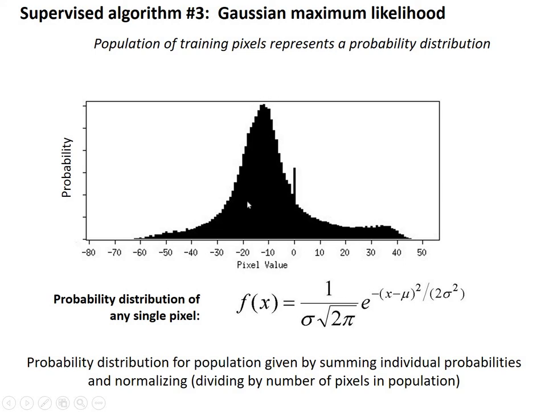And so if you take all this data and you plot it, you can actually build this probability distribution such that if I give you a pixel value like minus 40 right here, this graph allows us to say what is the probability that a pixel with a value of minus 40 is actually drawn from this user class? Okay? And so what that allows us to do, of course, is to compare probabilities of being in one user class versus the other.